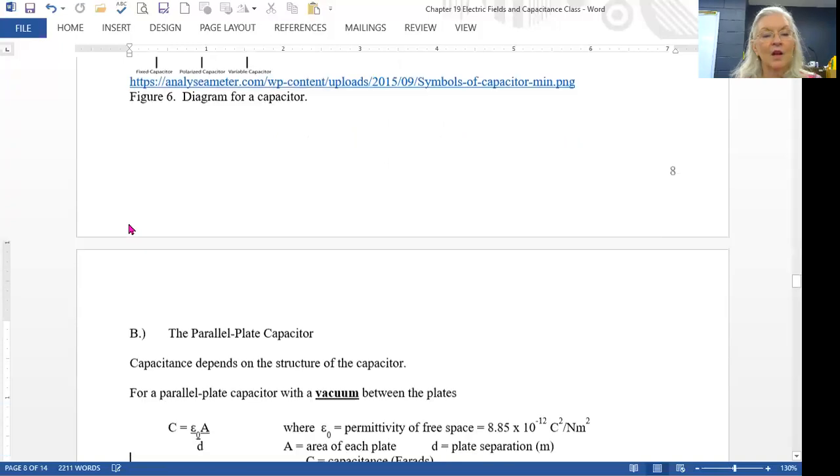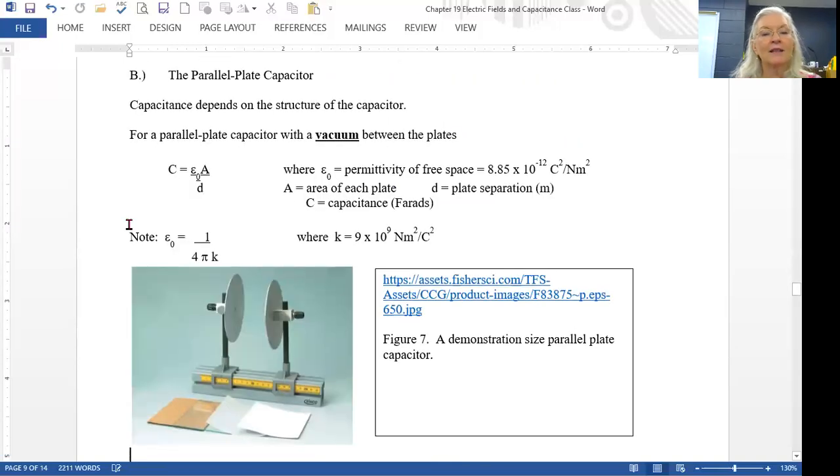We want to talk about a simple parallel plate capacitor. So simple parallel plate capacitors have two plates, and this is a really big one used for demonstration purposes. So a big plate on the right, a big plate on the left. And you can see they're on stands that move back and forth. So there are things that can be inserted between the plates.